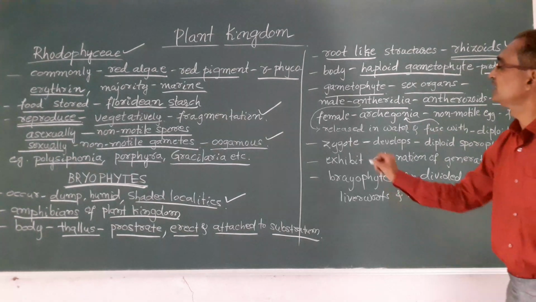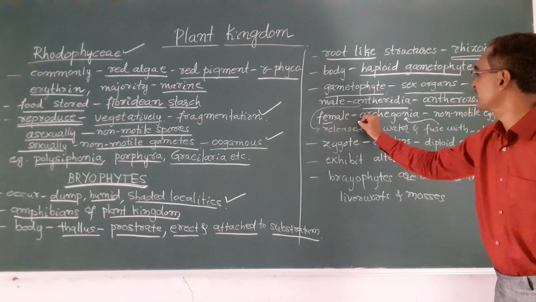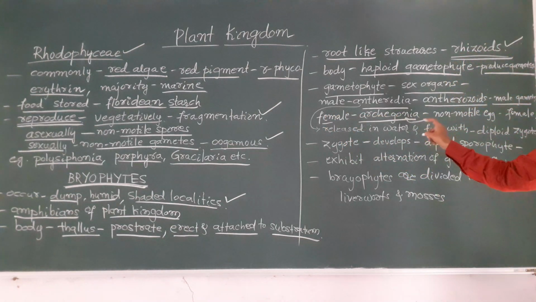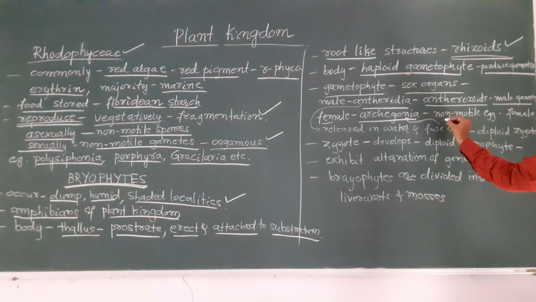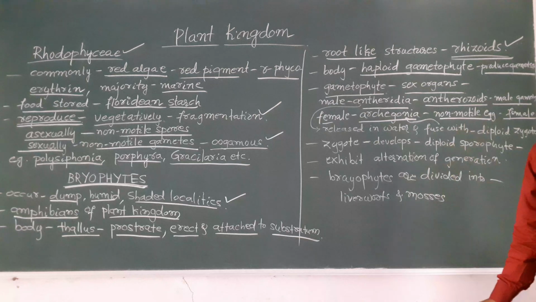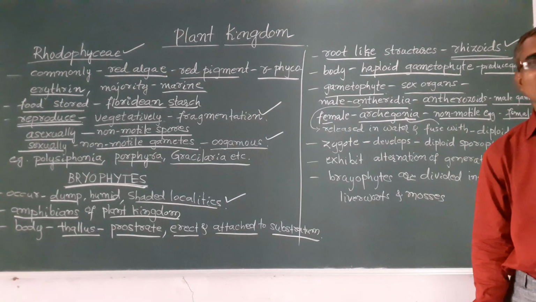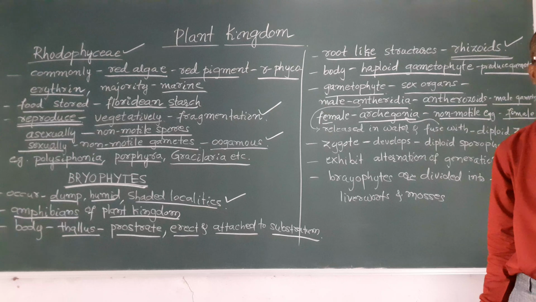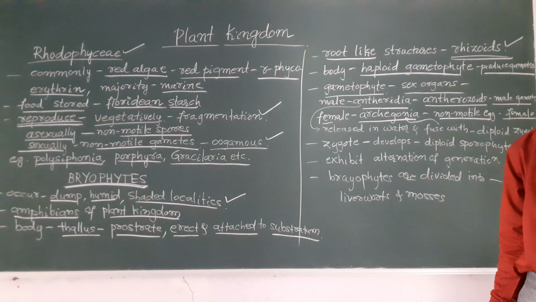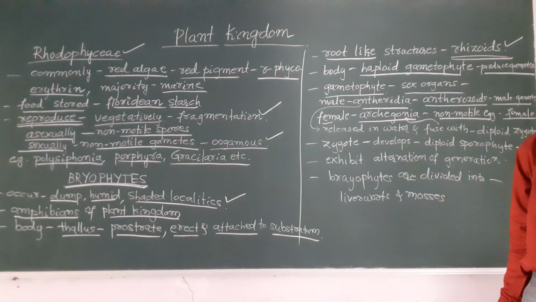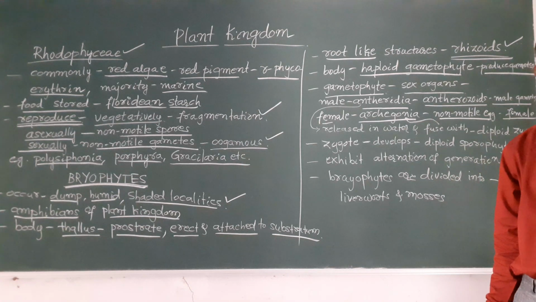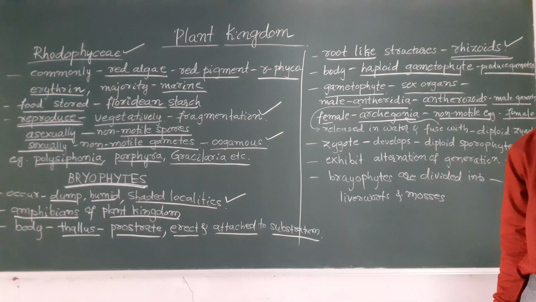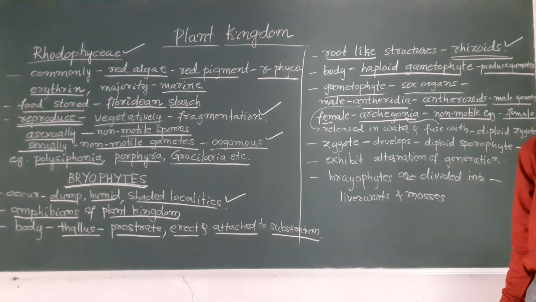The female sex organ is called archegonia, and it produces the female gamete, a non-motile egg.